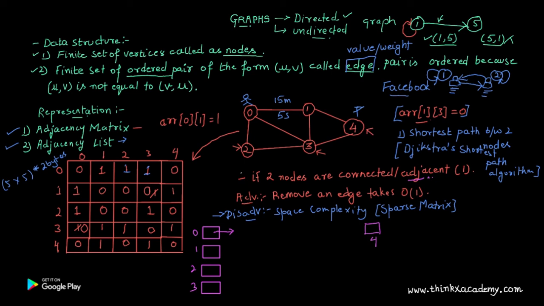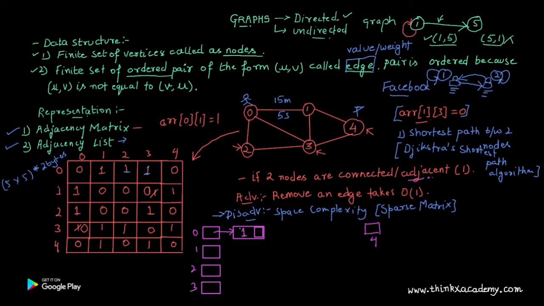So what I'm just going to do here is, I will create a node that has data stored in it with the next value. So let's suppose the data is 1. So 0 is connected to 1.